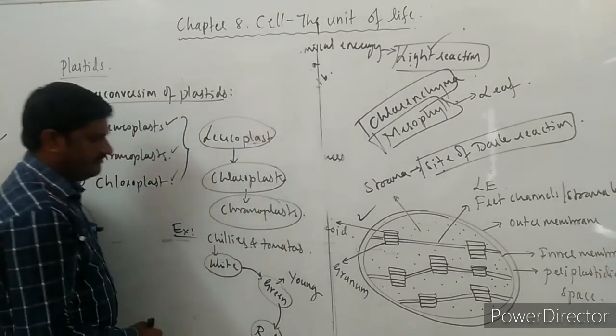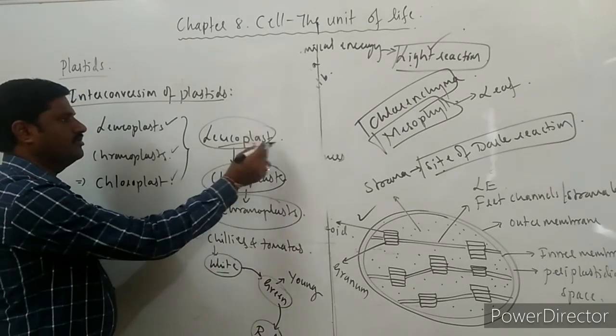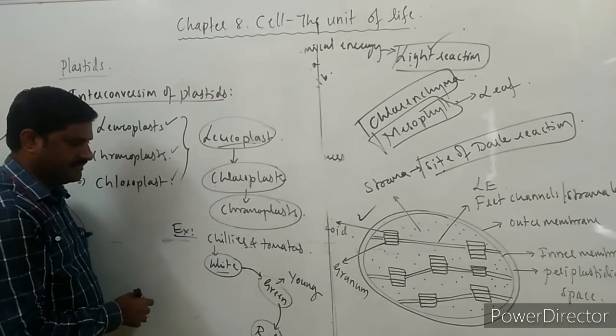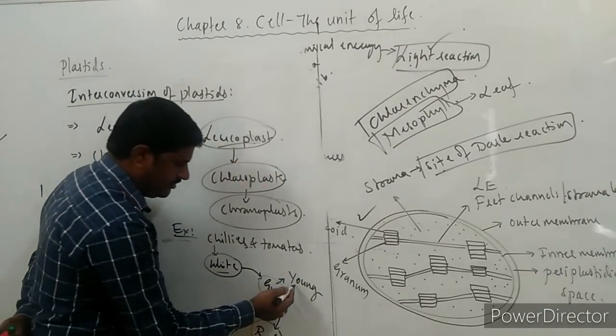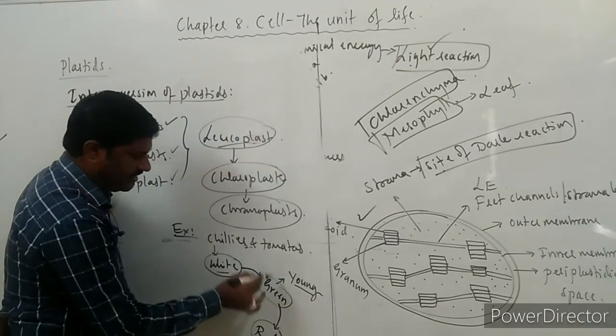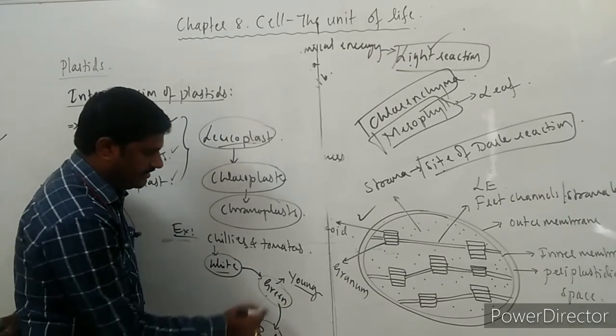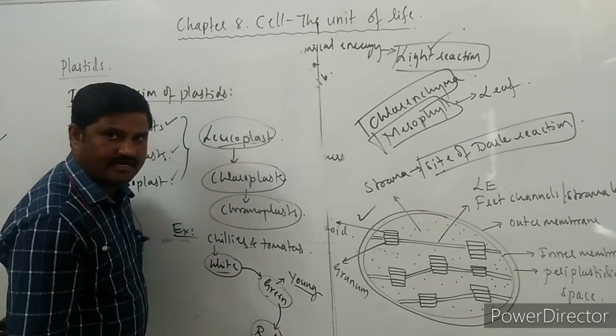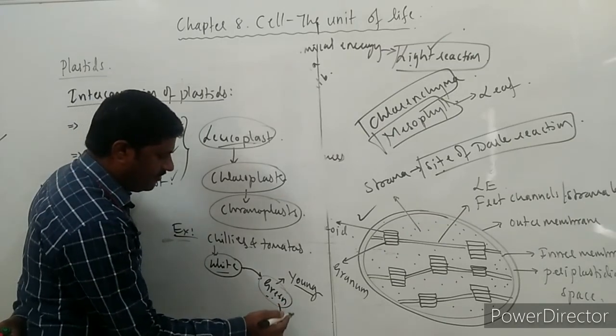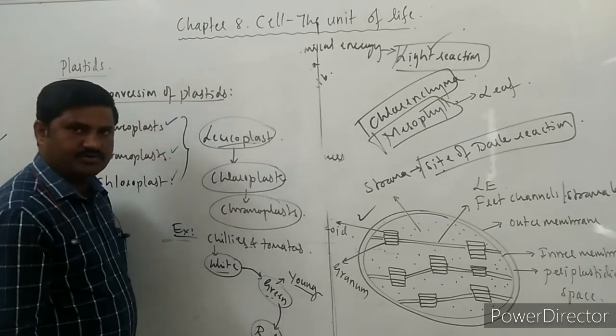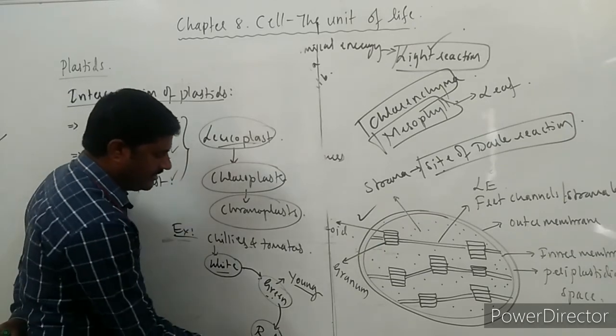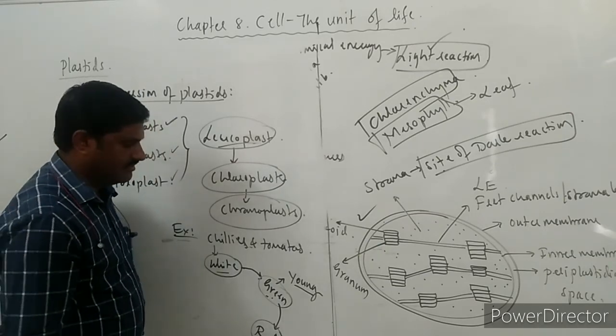White means leucoplasts are present, and when they become young, these leucoplasts are converted into chloroplasts, which are green. These chloroplasts are later converted into chromoplasts, and ultimately they become red in color.